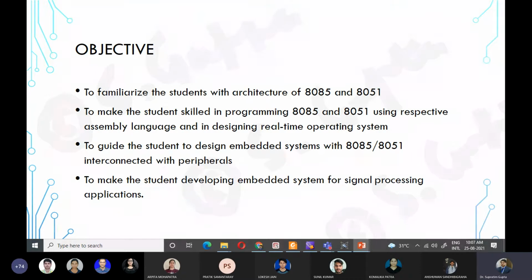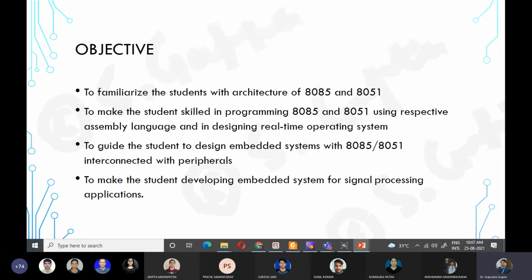The only thing you have to do is replace this processor by the other processors. You need to learn a little bit of extra things of that assembly language. Otherwise, the majority of the instructions will be similar to these instruction sets.